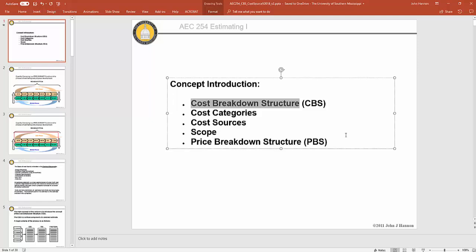And a cost breakdown structure or a work breakdown structure, sometimes they're the same thing, is an excellent way to communicate the scope of the work without giving every person 200 sheets of drawings and 2,000 pages of technical specifications.